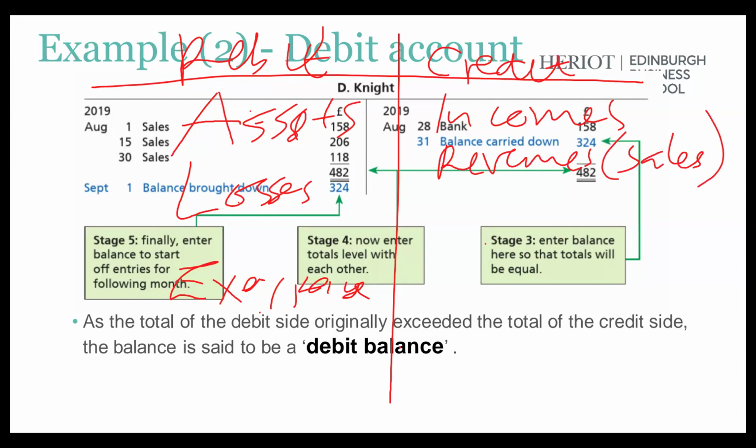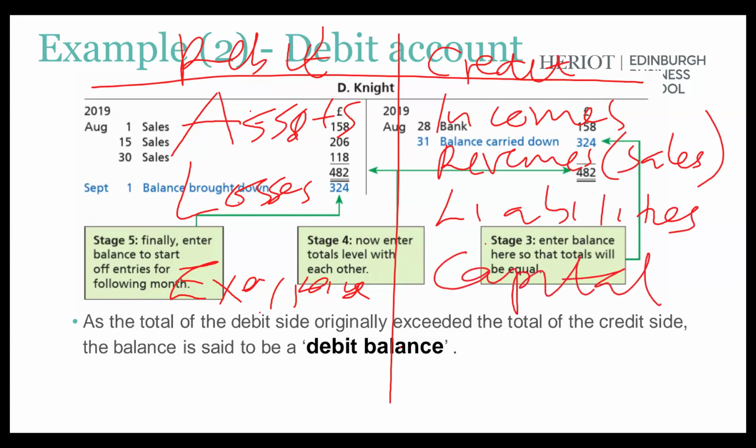Gains, liabilities, and capital. So capital, liabilities, revenue, and income, these are credited on the trial balance. Are we good?